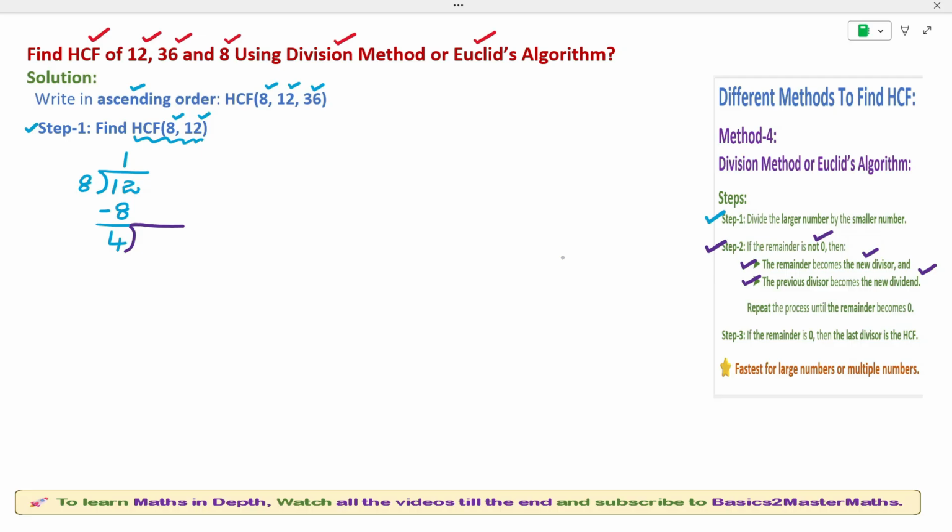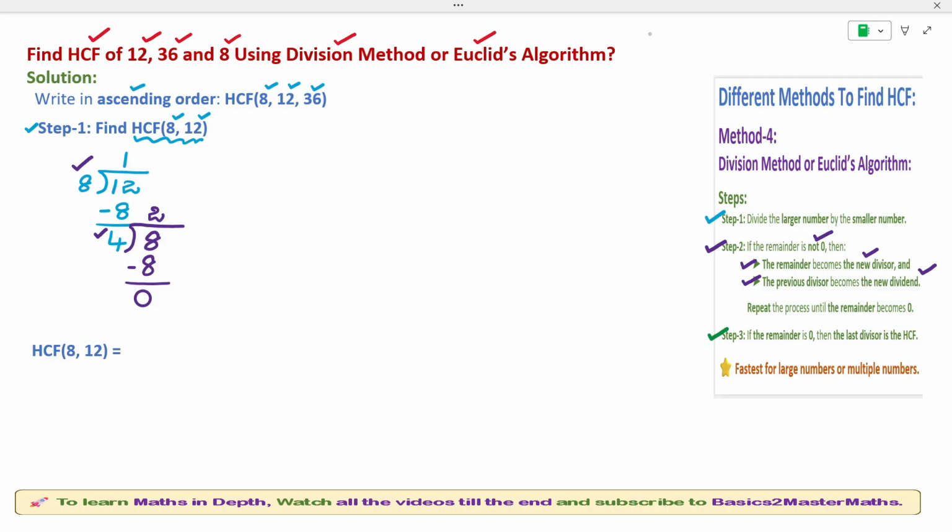In this case, 4 becomes the new divisor and 8 becomes the new dividend. When we divide 8 by 4, we get 2 as the quotient and 0 as the remainder.